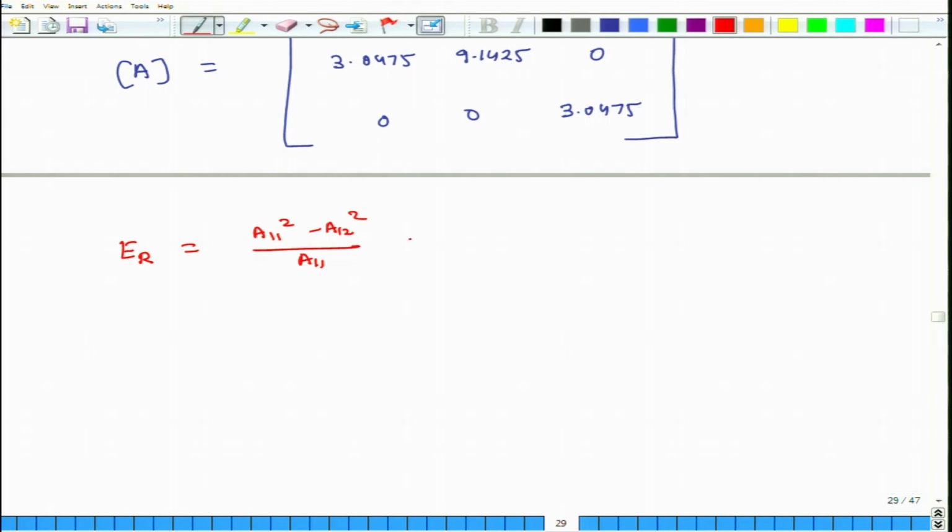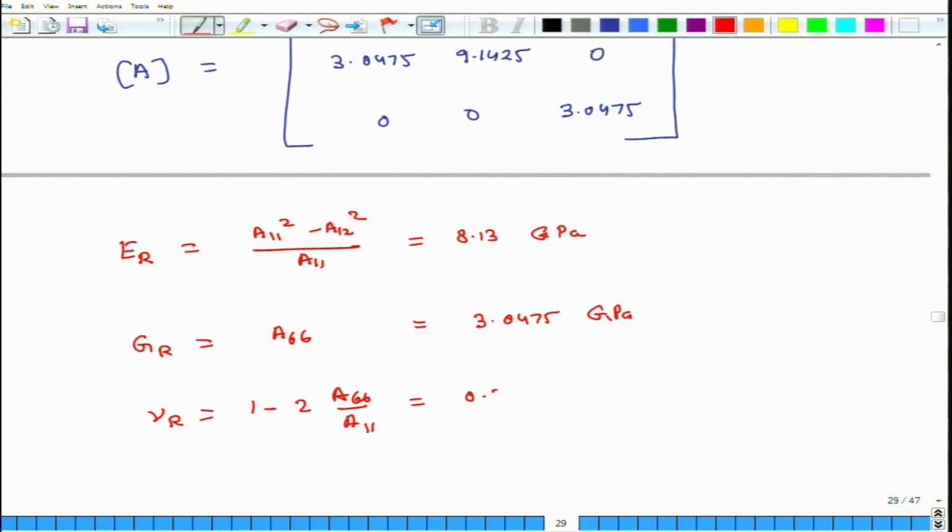When I plug in all the numbers, I get 8.13 GPa. GR is same as A66 and that is equal to 3.0475 GPa, and nu R equals 1 minus 2 A66 by A11, and this comes to be 0.33.